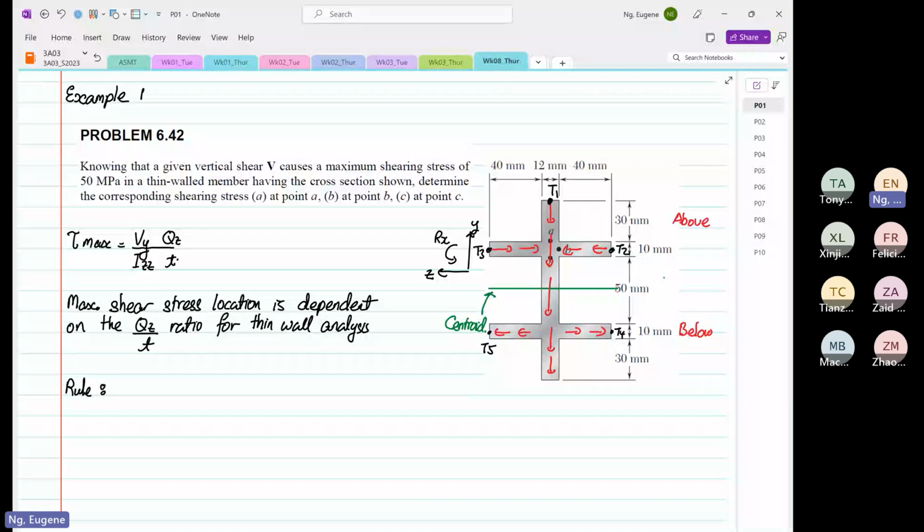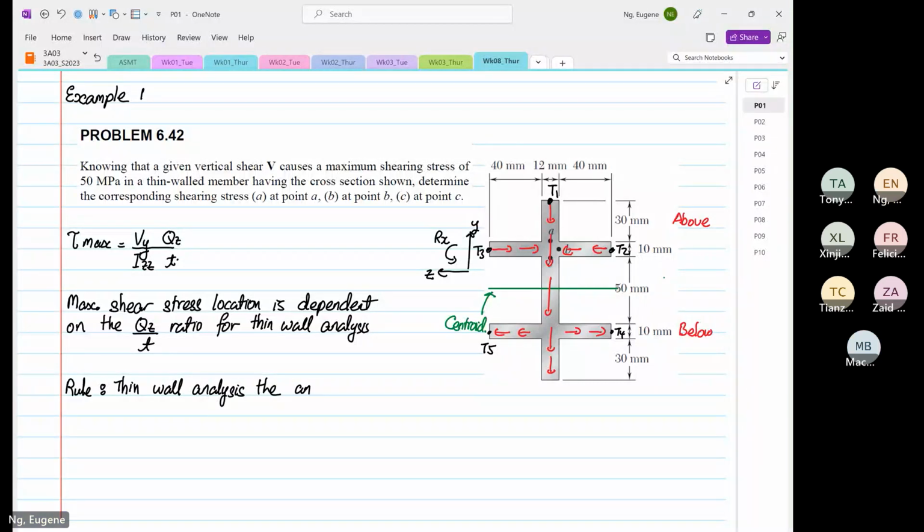For thin wall analysis, the analysis starts from the terminal. Okay, it starts from the terminal.